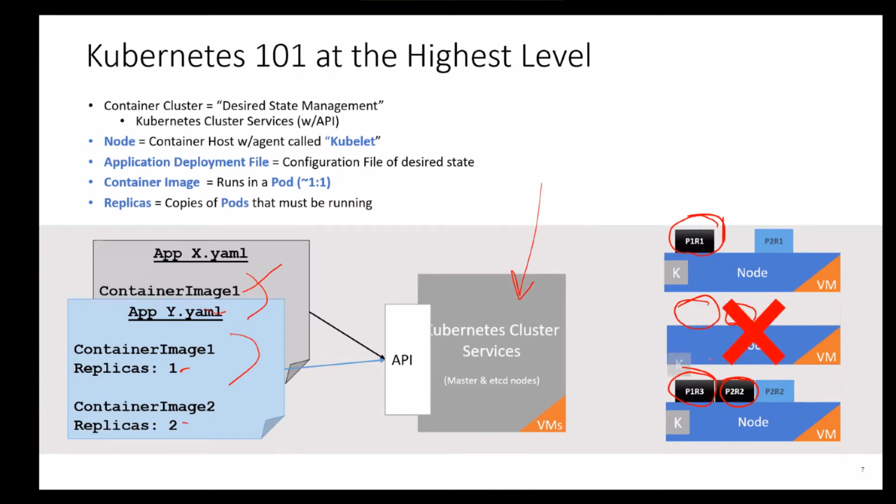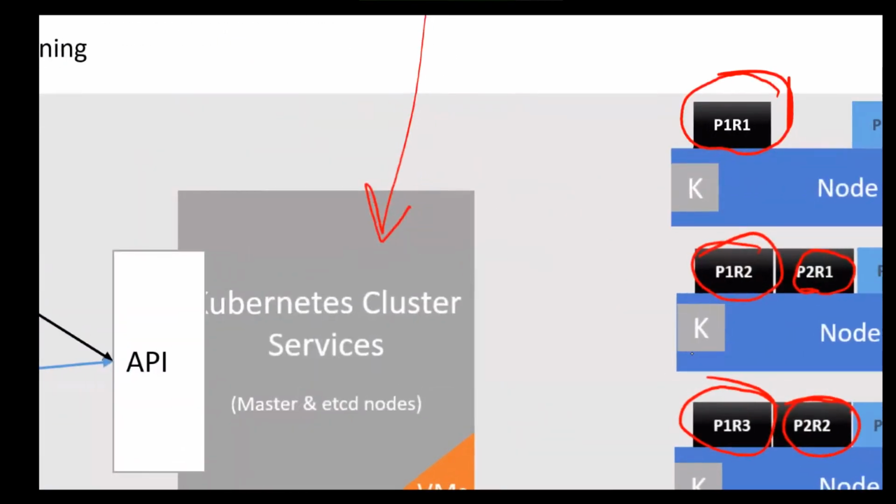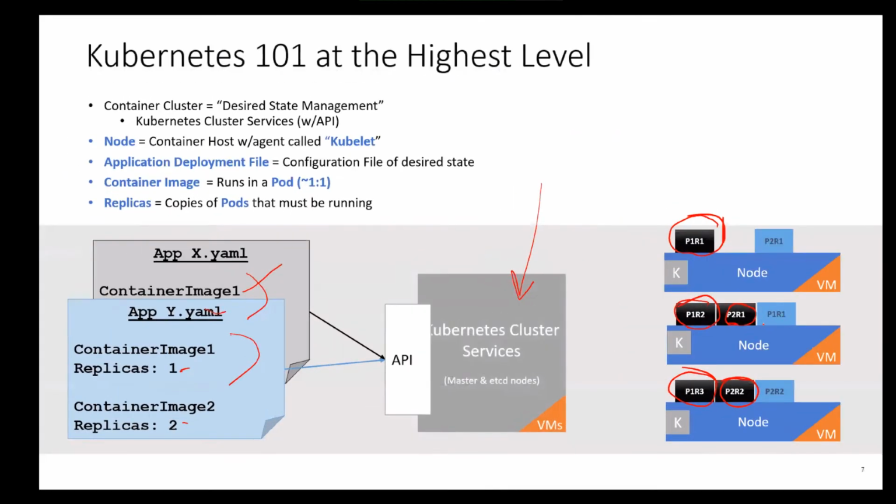Excuse me, let's back up here. I got a little boo-boo here. This should be pod 2 replica 1 and pod 2 replica 2 down here. And it's these 2 down here that are getting scheduled.